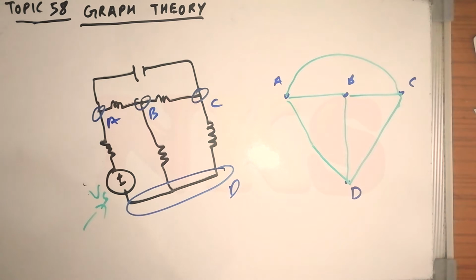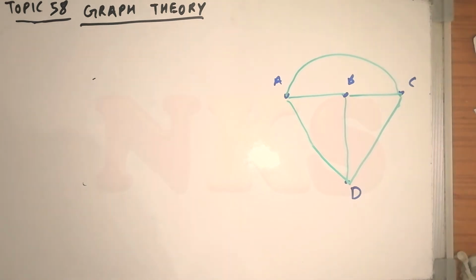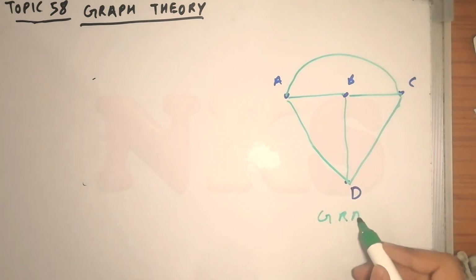Since we assume it has no internal impedance, I have drawn it with a single line. Keep the idea in mind, we are not going into much detail. From now onwards the main discussion will start. What I have drawn on the screen is just a simple graph.